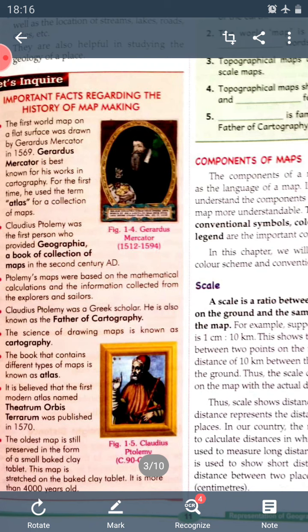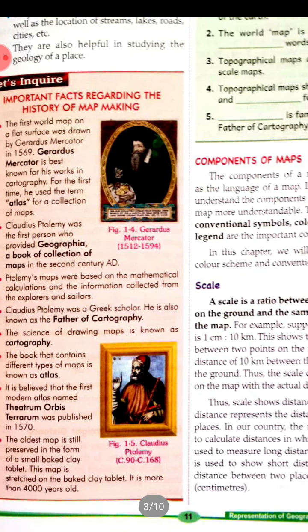Gerardus Mercator is best known for his works in cartography. You must be knowing what is cartography and cartographer. So cartography is an art of making maps, and a cartographer is a person who is skilled in map making.